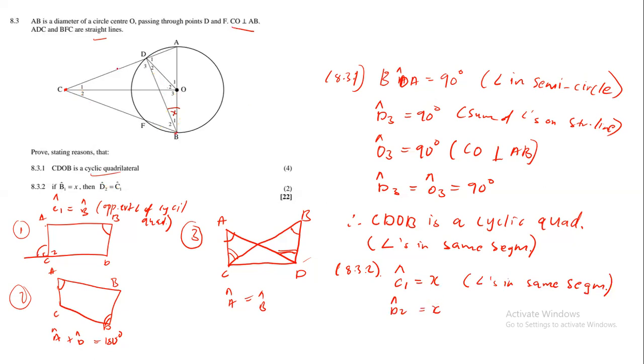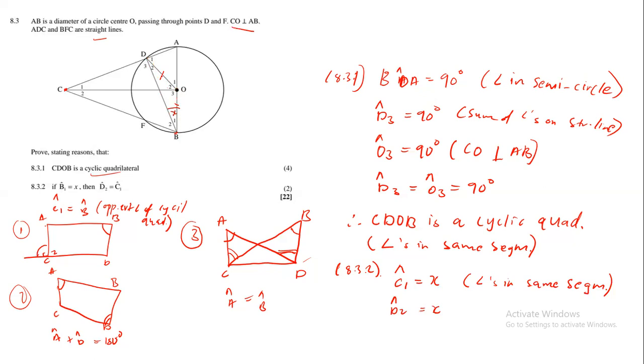Why? D2 is equal to X because now look at this triangle, DOB. We have OD, we have OB. This is equal to that because these are your radii, line from center to circumference, line from center to circumference.